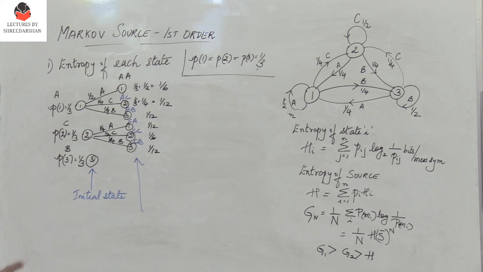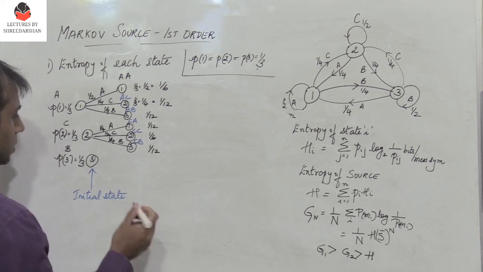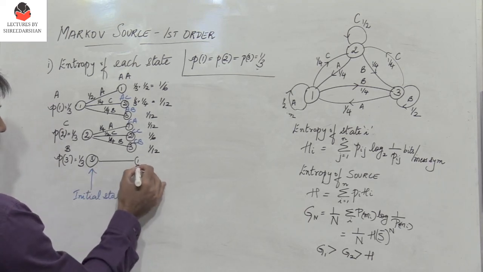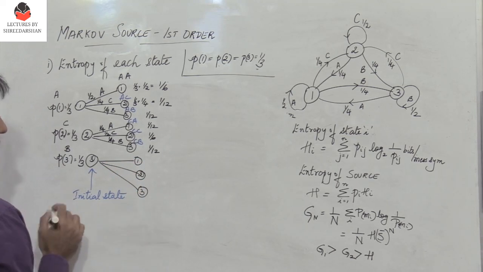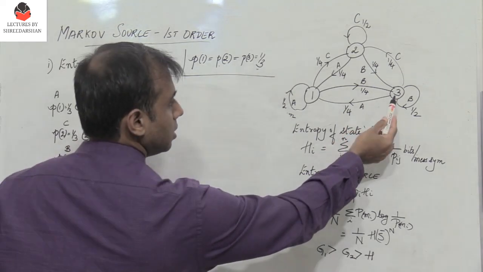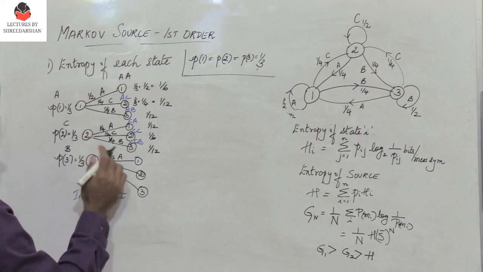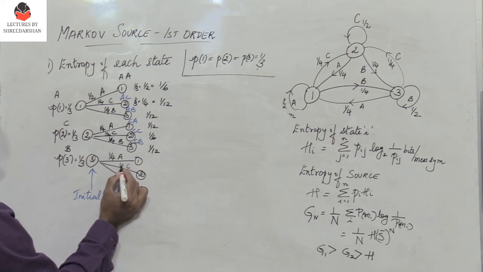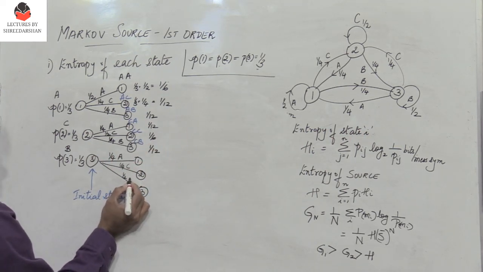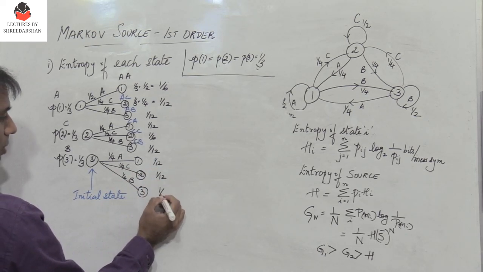Alright, so this is the state at the end of the first symbol interval. So now let us consider state 3. I have 3 to 1, 3 to 2 and 3 to 3. So 3 to 1 is A with 1 by 4, 3 to 2 is C with 1 by 4, and 3 to 3 is 1 by 2 with, of course, B. So here I have 1 by 12, 1 by 12, 1 by 6.